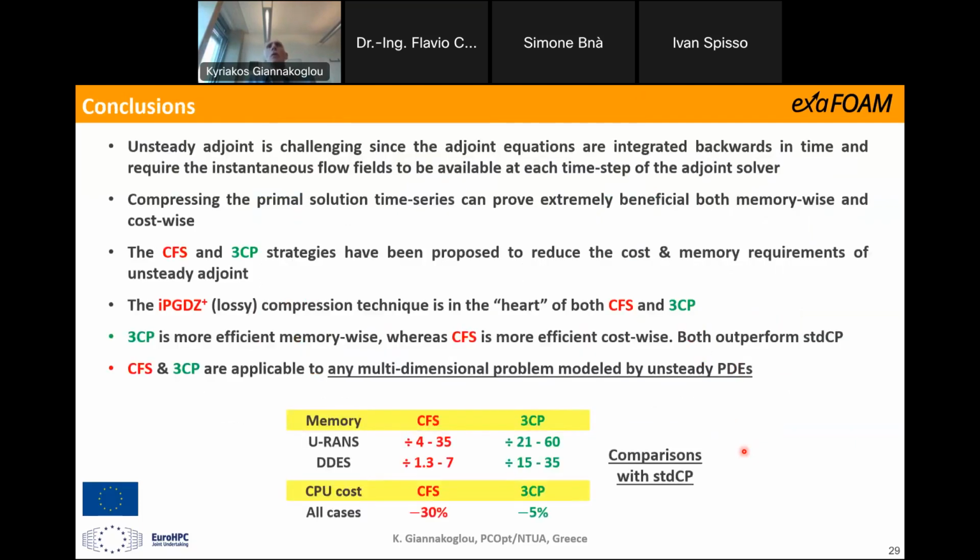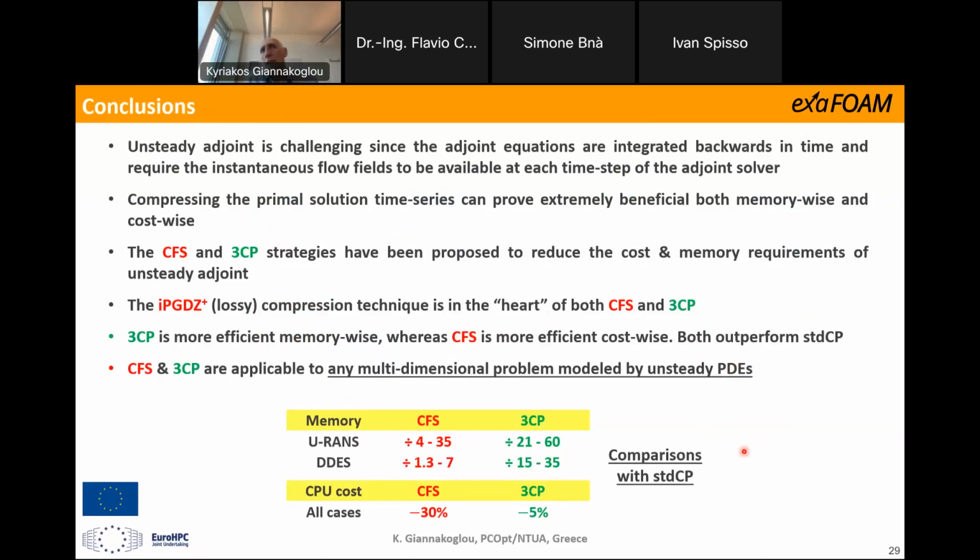unsteady-based optimization. To conclude, unsteady adjoint is extremely challenging because the adjoint equations should be integrated backwards in time, and so we should have access to all instantaneous flow fields during the solution of the adjoint solver.